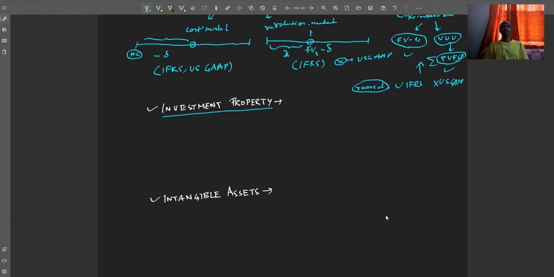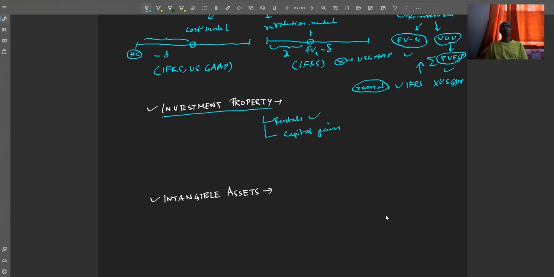Friends, in companies, the majority of the assets are basically used to produce the end product or the service that the business's regular activities are. But there are certain properties which provide only two things: rental income and capital appreciation.